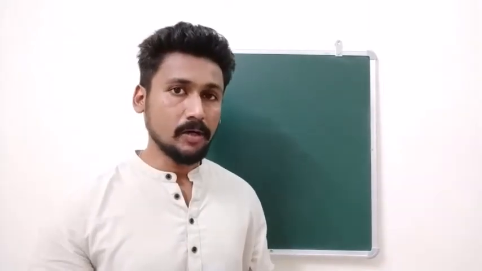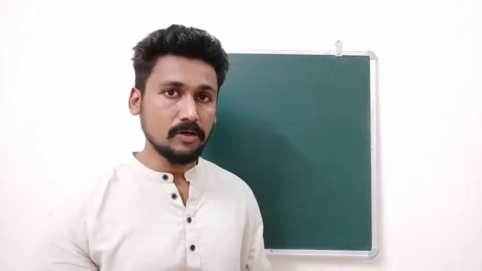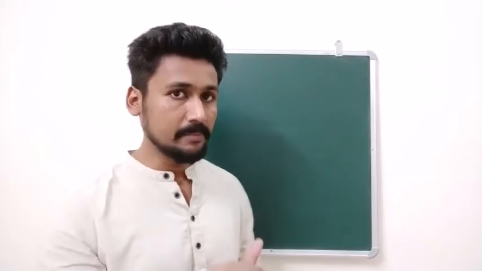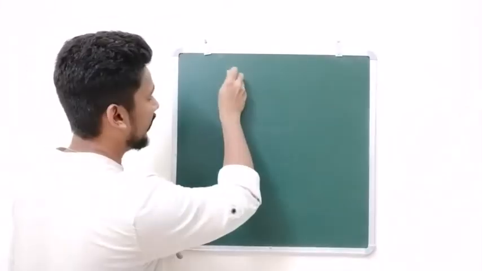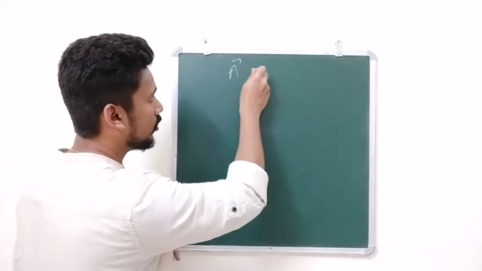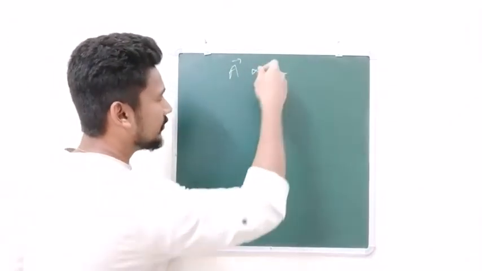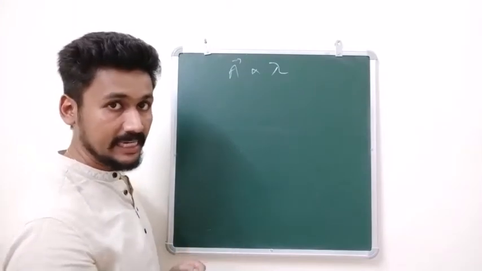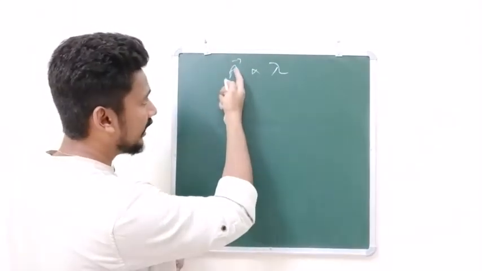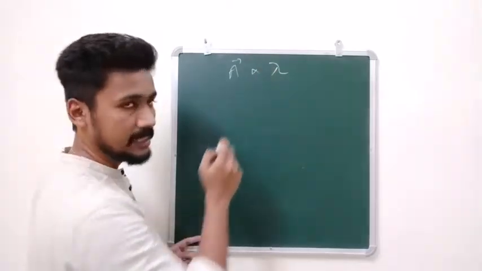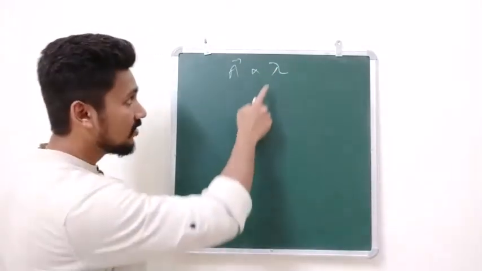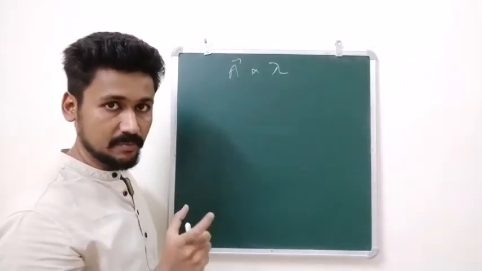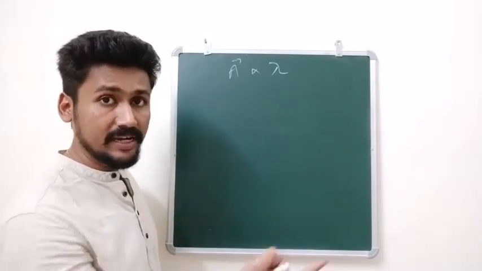Next property we will talk about is multiplication of a vector by a real number. So let us say once again we have a vector A and we are going to multiply this vector A by some real number lambda. Okay, now of course I don't think I need to explain what a real number is. So we are going to multiply vector A by a real number lambda. What will happen is when such a multiplication takes place, a new vector is formed.